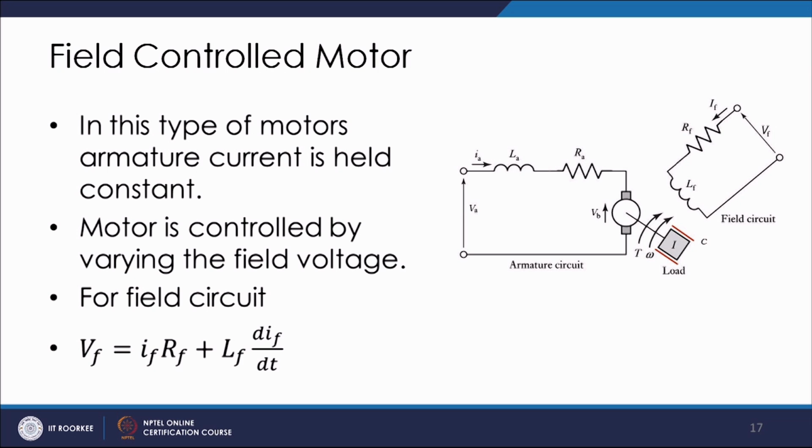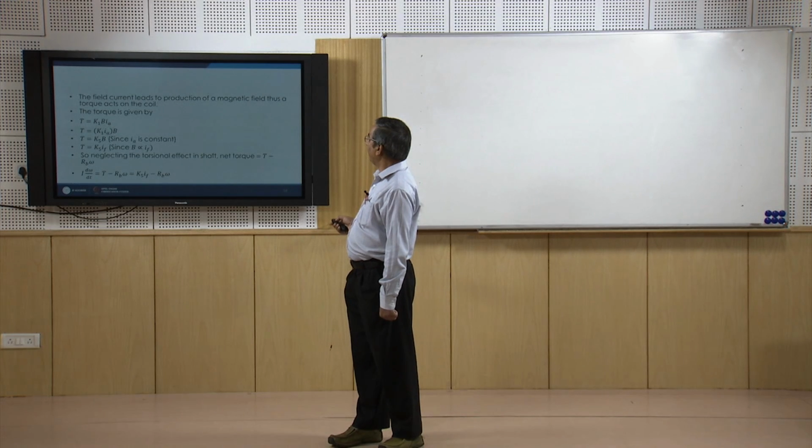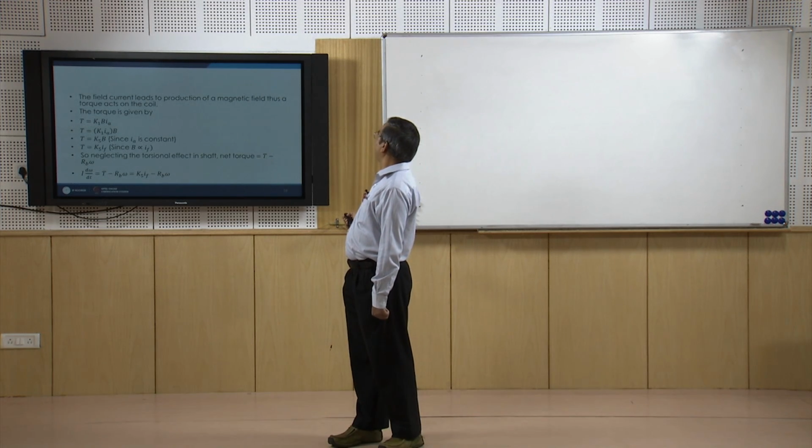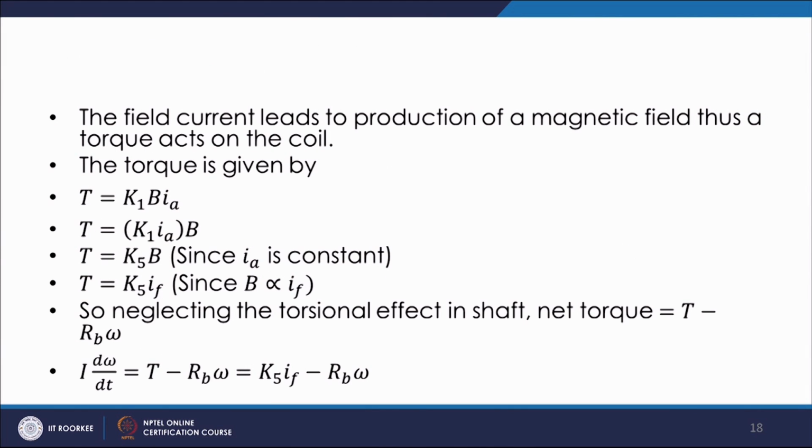So, for the field circuit, again using Kirchhoff's law, I can write Vf, the total supplied voltage, is equal to IfRf plus Lf dIf by dt. The field current leads to the production of a magnetic field, thus a torque acts on the coil, and this torque is given by K1 B IA.